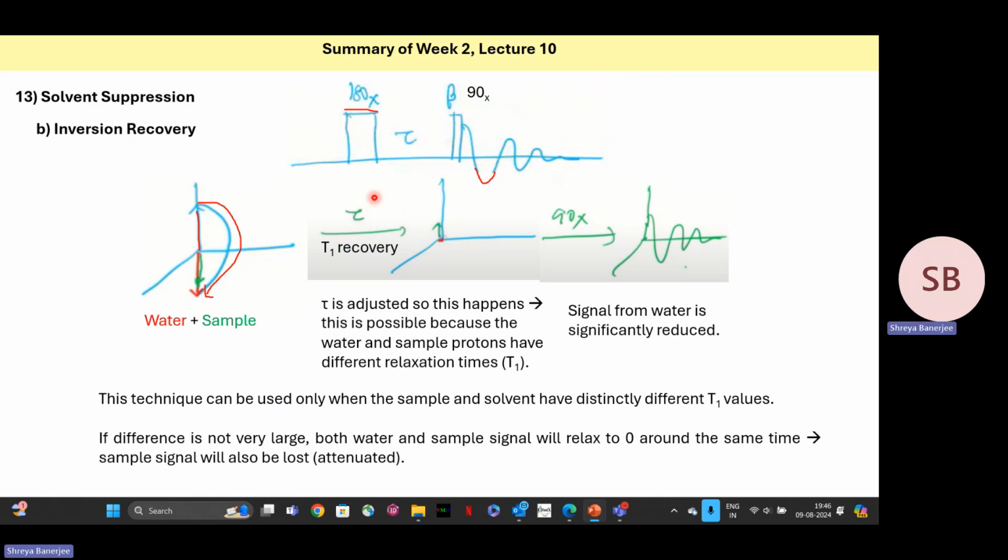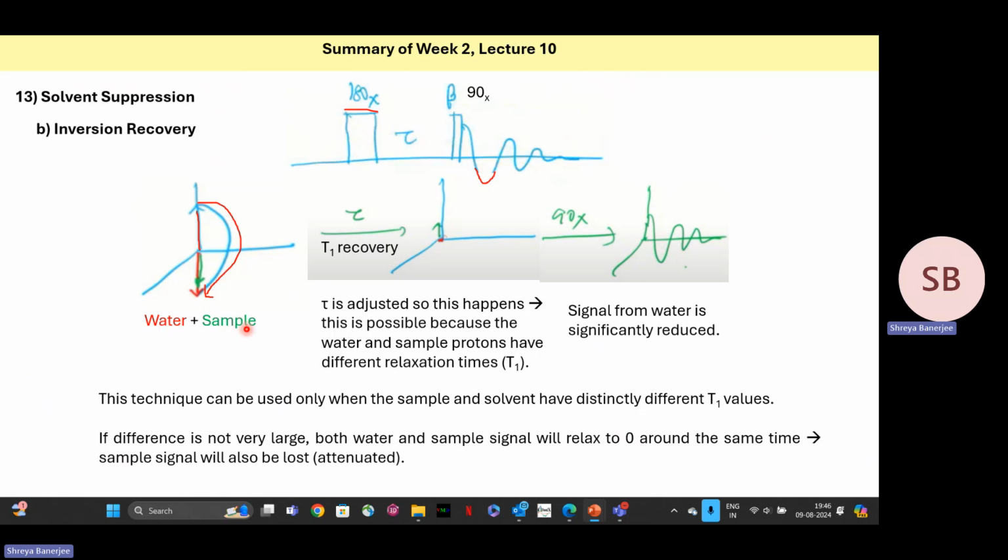If you adjust tau in such a way that your water component is 0, then when you apply the 90-degree pulse and collect the FID, you will collect the signal of only the sample and the signal of water will be completely reduced. So this technique you can use when your water and the sample have different T1 values.